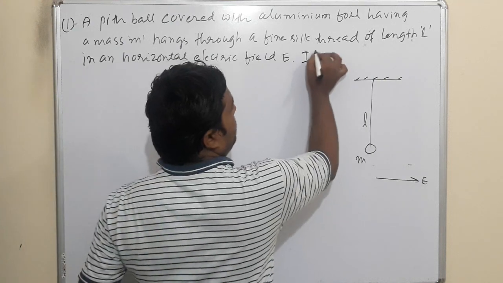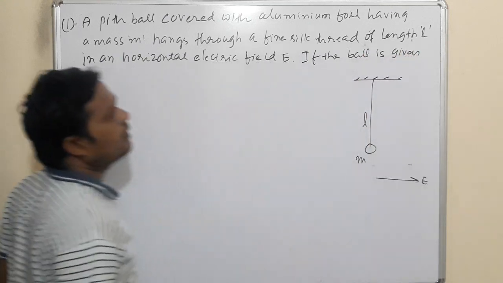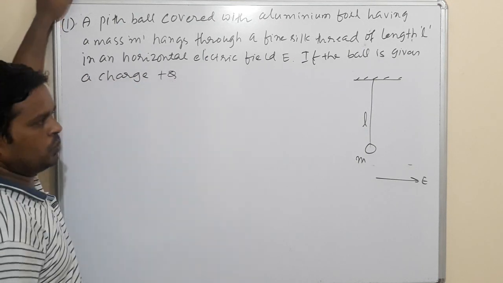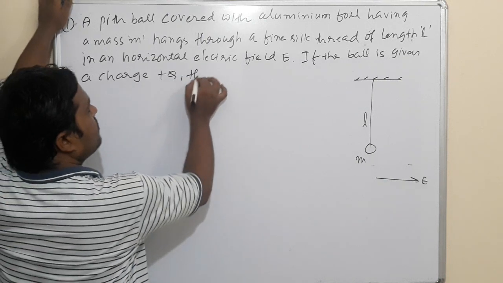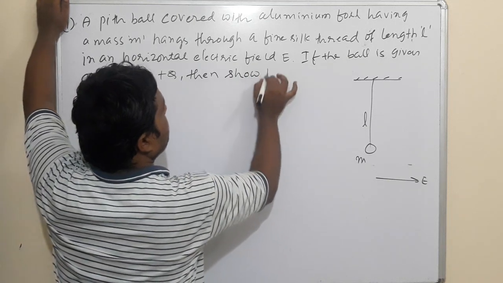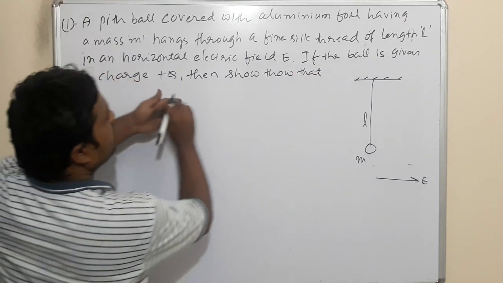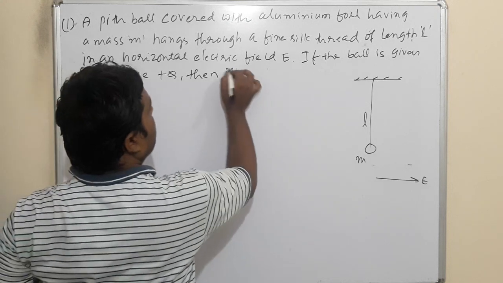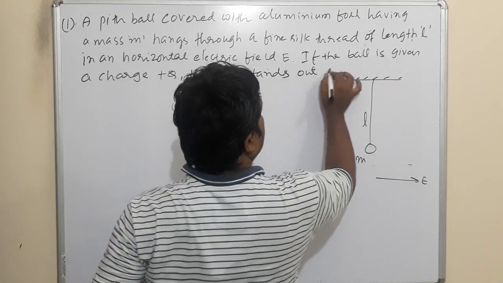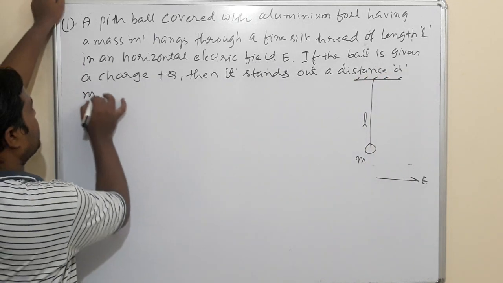Now, if the ball is given a charge plus Q, then show that it stands out a distance d meter apart.